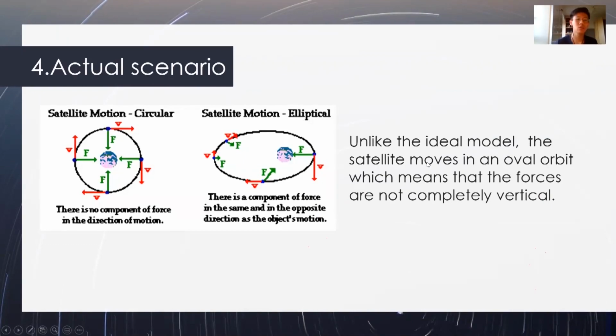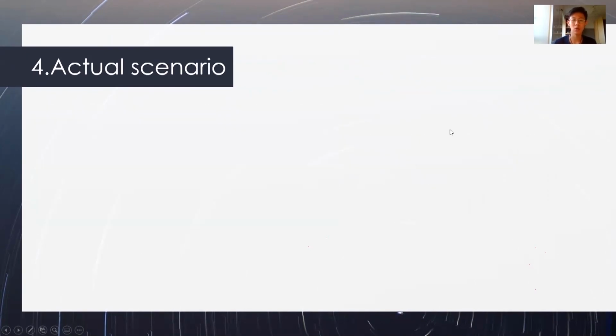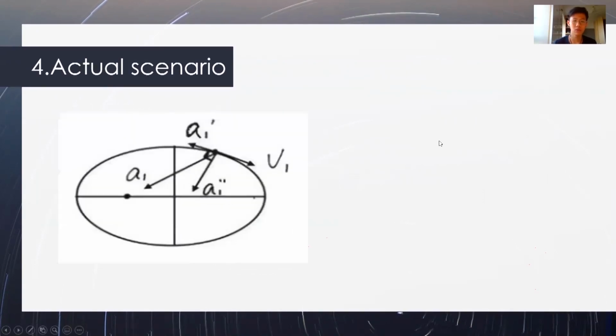In actual scenarios, satellites always move in an oval orbit, which means that the force is not completely perpendicular to the direction of motion, as shown in the picture on the left. So it is more complex for us to analyze the motion. I will give some examples.